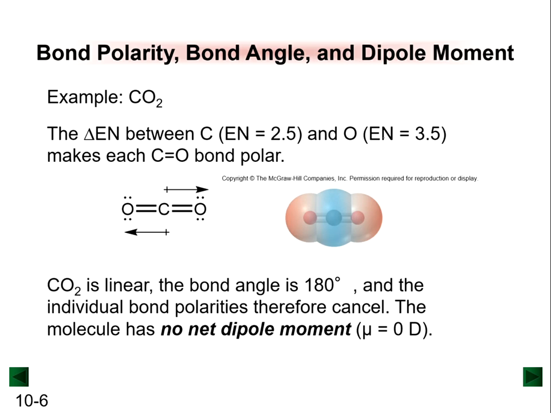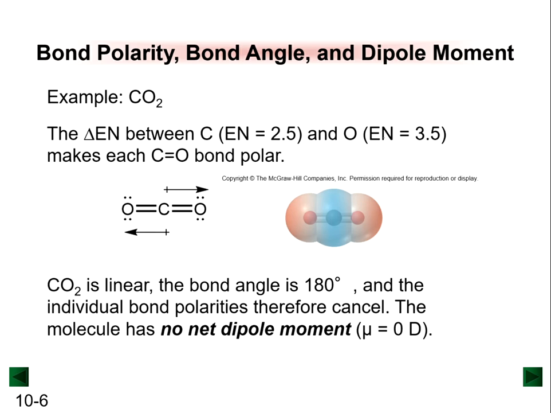If we draw the Lewis dot structure for carbon dioxide, the central carbon atom has two double bonds. One pair of double bonds goes to one oxygen, and the other pair of double bonds goes to the other oxygen. And of course, each of these carbon-oxygen bonds has a dipole, but they're pointed in opposite directions. So you can think of this as a tug of war, but each of the oxygen atoms are identical.